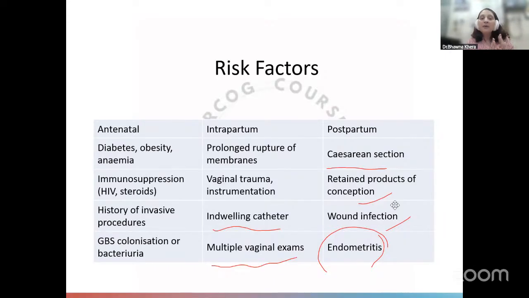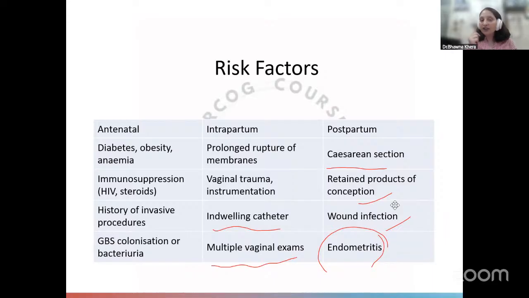But if you think about it like preoperative, any medical condition will be preoperative, right? So diabetes, obesity, anemia, HIV, or any previous invasive procedure which has occurred, or GBS colonization or bacteriuria. So these will be there in the antenatal period. If I talk about the intrapartum, then what can happen in intrapartum, right?